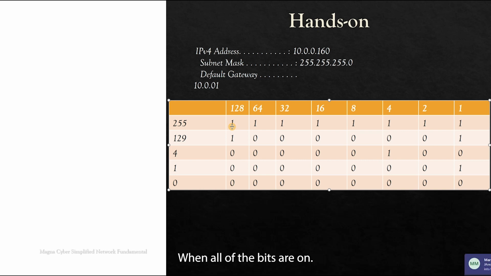When all of the bits are on, that means you don't have any possibility of having IP addresses anymore. When all of the bits are off, that means you can turn all of them on. Imagine that you turn all of your bits on. What number is this equivalent to? 255. You understand?